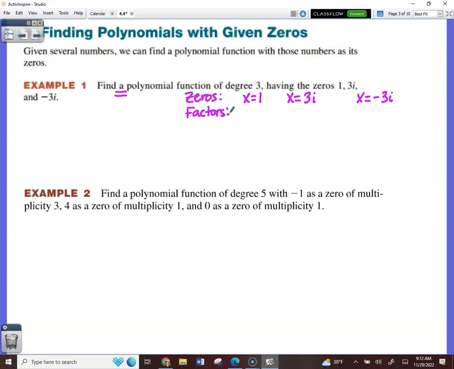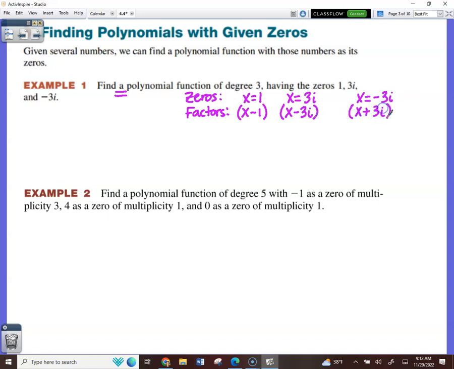Come right underneath it. You're just going to subtract everything to the left. So this factor would be what? X minus 1. This factor, although it's going to feel weird, would be what? X minus 3i. And then this factor would be what?